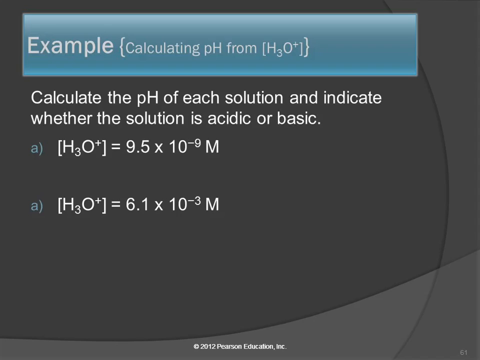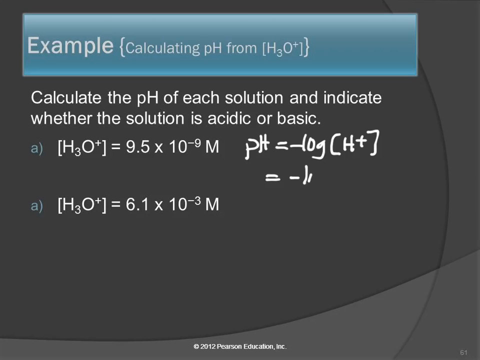So let's do some examples. Calculate the pH of each solution. Remember, pH is the negative log of the hydrogen ion concentration. So pH equals negative log hydrogen ion concentration, or hydronium. Remember, we said they're equivalent.